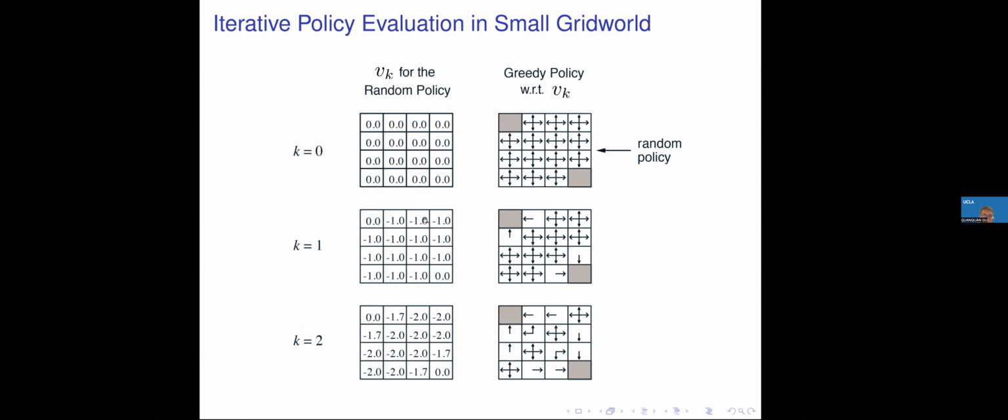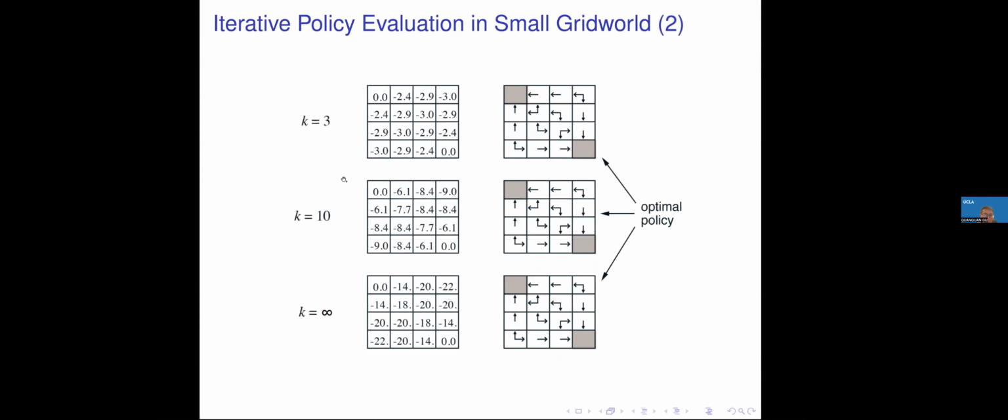After 1 iteration, you can see that the values are updated. Some of them become 0 or -1. After 2 iterations, the values of some entries get further updated: some become -1.7, some become -2. After 10 iterations, the values at different states are very different from the initialization.